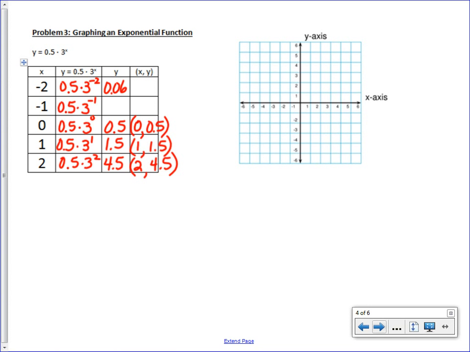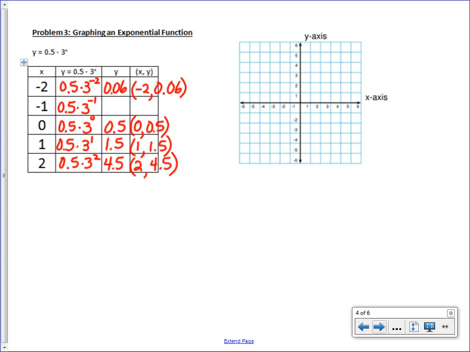What you get is 0.0 and then a whole string of 5s. So this is an approximate value. So negative 2, 0.06.